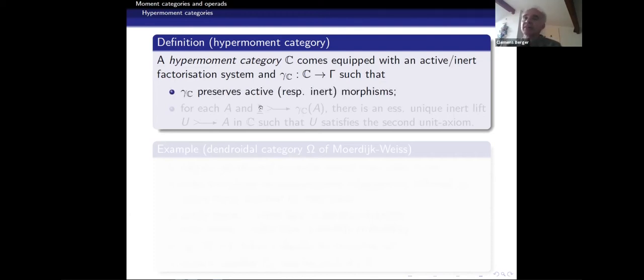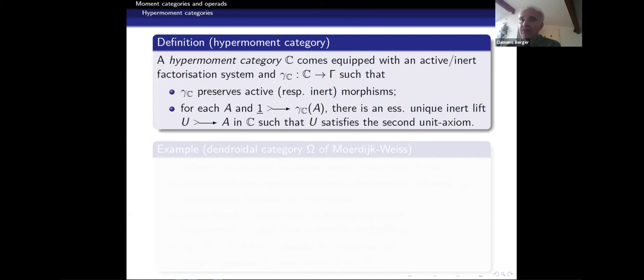The cardinality functor must preserve the factorization system, and there must be a lifting property, which means the following: if you have an element in the image of your cardinality functor, then this element can be lifted into an inert map from a unit into A in a unique way. And actually this unit must satisfy this second axiom of a unit. So this is very important.